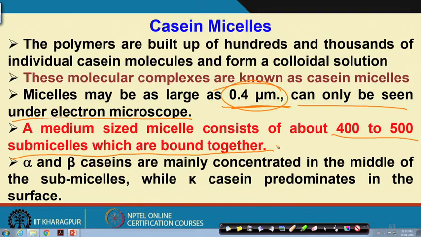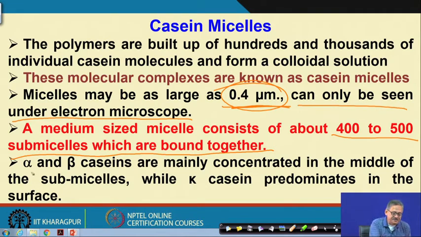From the pictorial view, we have shown that these sub-micelles agglomerate and form chains. How many are there? 400 to 500 sub-micelles, right.